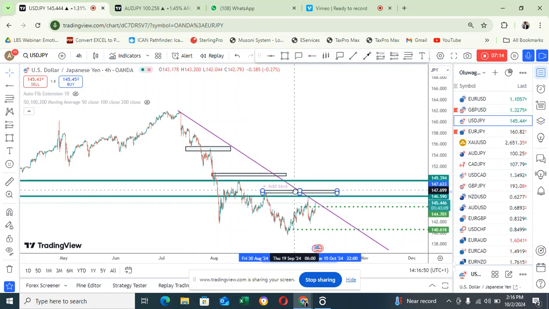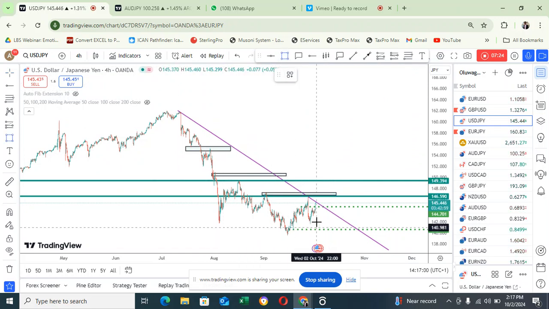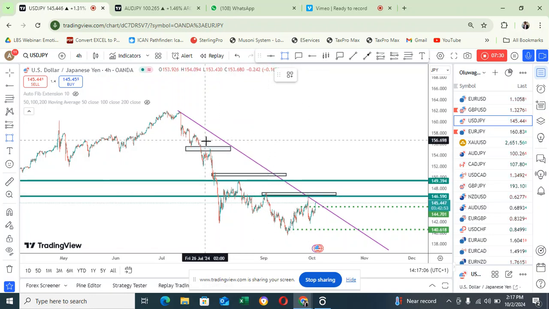Make sure that you see the ones that are obvious to you. That is another lower high. You can see what the market is trying to create here: lower high, lower high, lower high.